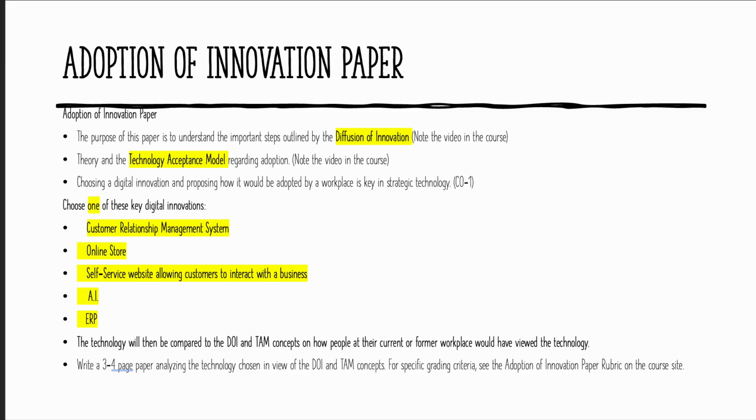Technology acceptance model and diffusion of innovation is what they're replying to, on how people in the current and former workplaces have viewed technology. So you're going to compare it, AI, ERP, and so on. But you only have to choose one. It's a 3 to 4 page paper analyzing the chosen technology, and there are rubrics available as well.